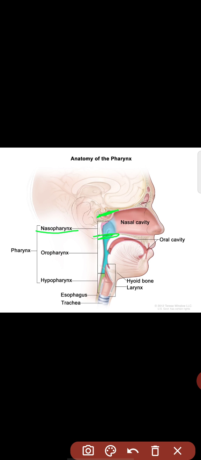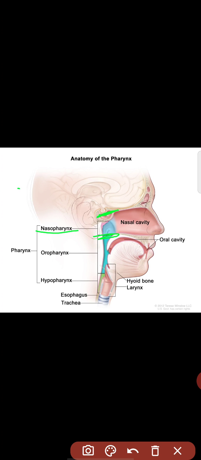It opens into the nasopharynx. These are the tubes that come from the middle ear, which we will discuss later in the special senses, when we are studying the ear.